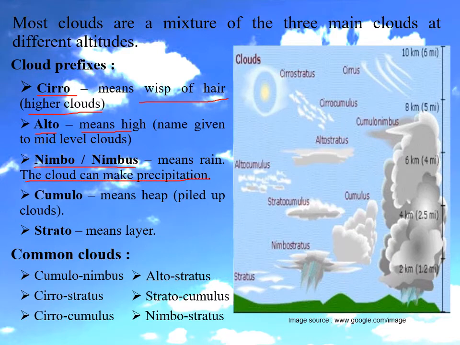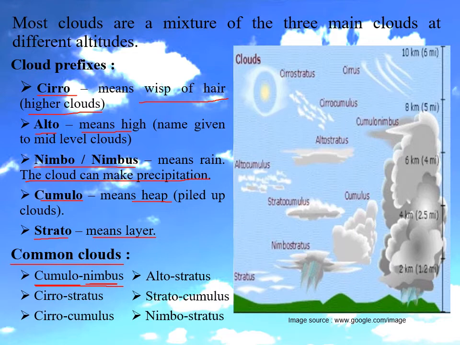So for the combination of the three types of clouds with these prefixes, some examples are given here. You can see cumulonimbus. So with the nimbus clouds, the cumulo prefix is added. Nimbus means highly dark, precipitation occurs from the cloud, and it also occurs in a heap, like a pile of cotton. So these two are basically clubbed in a single type of cloud.